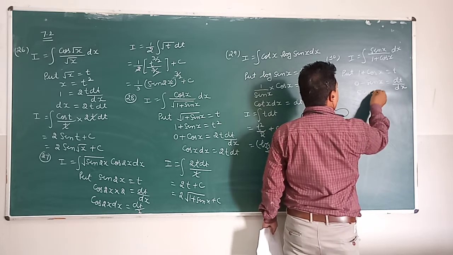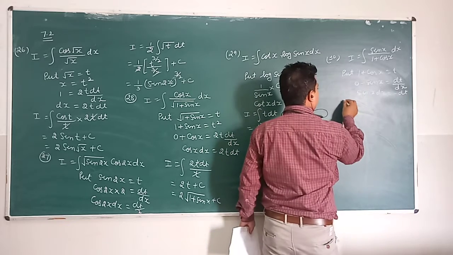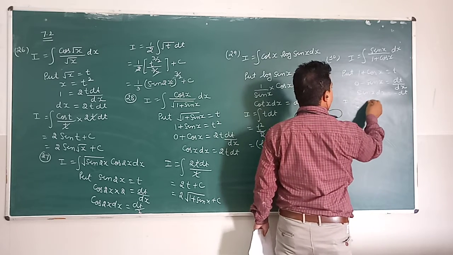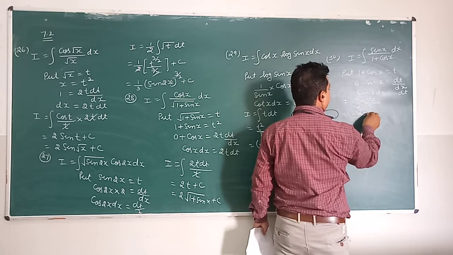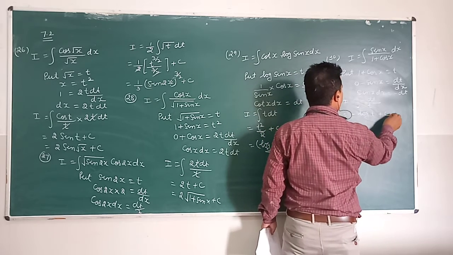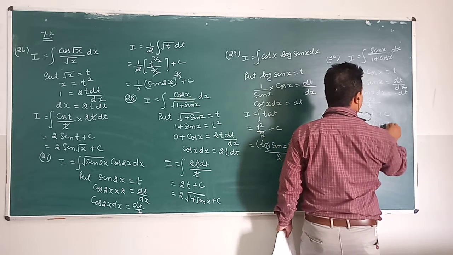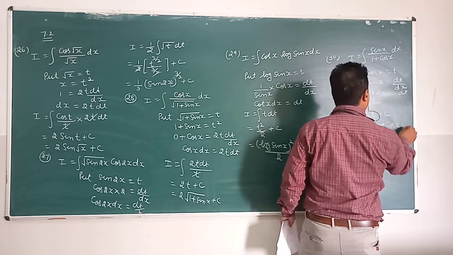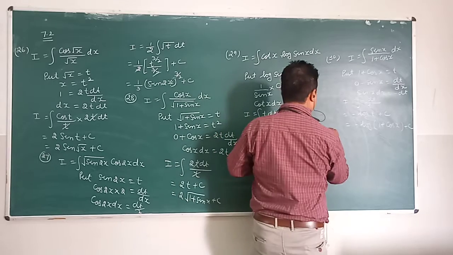So sin x dx equals minus dt. So I is equal to minus dt upon t, that is, 1 upon t. Integration of 1 upon t is log t. Here we put the value of t, which is 1 plus cos x. This is the answer of question number 30.